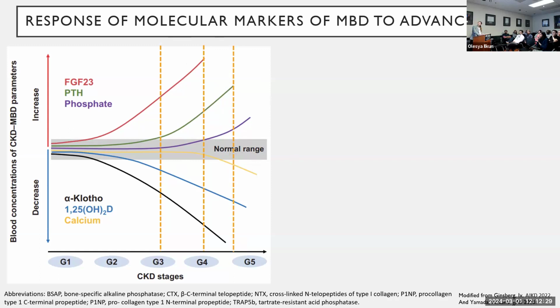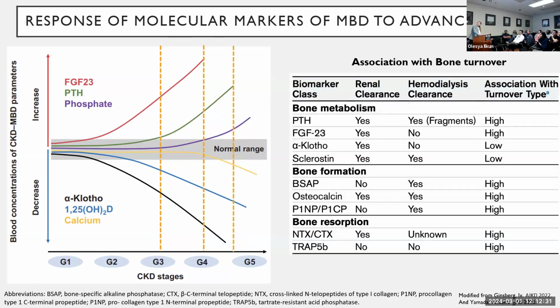And on the right, these are the same biomarkers that I mentioned on previous and current slide and their utility. For PTH, of course, we can measure it in the lab, and we oftentimes do. So high levels of PTH mean high levels of bone turnover, right?